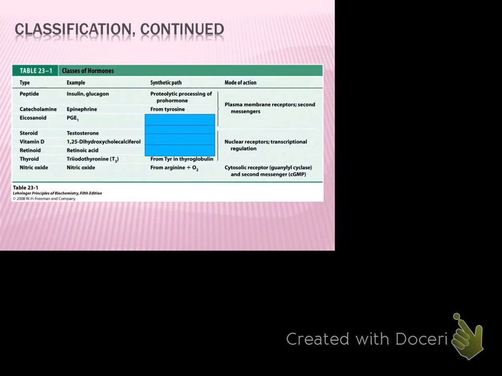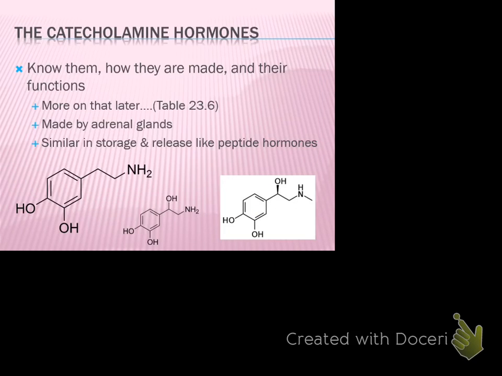Okay. Now, we're going to cover a lot more about this later on and how they're made. I do want you to know how they're made, know their functions. There are so many diseases associated with these that you really should know.